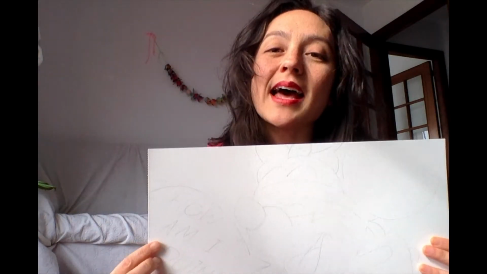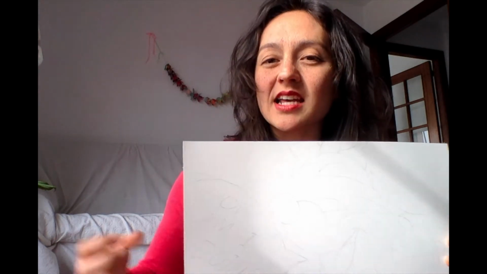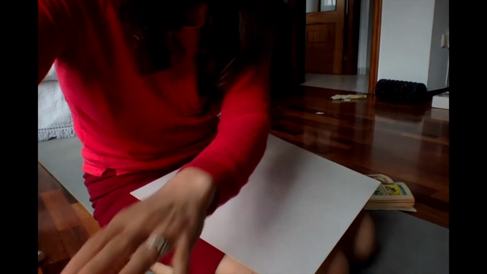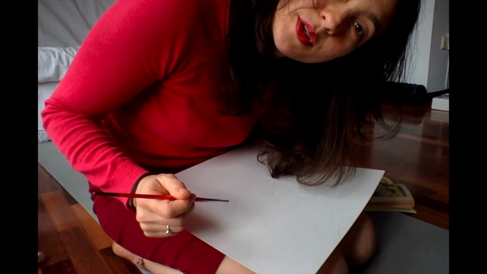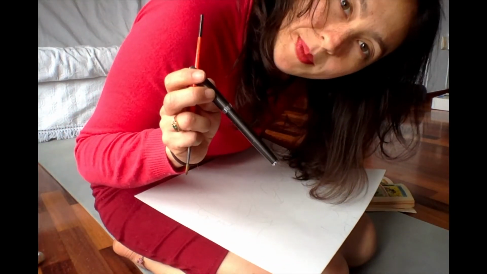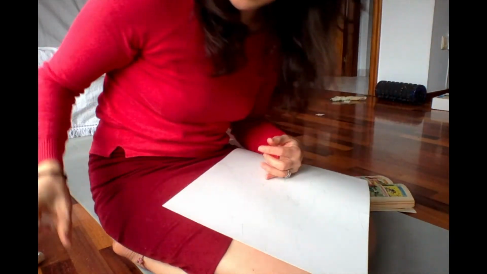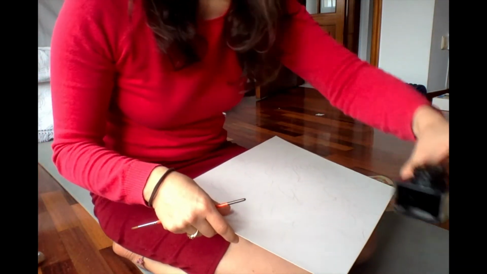Okay? Next I'm going to add the Lichtenstein strong, bold black lines. For this step, you can use a pen or paint. I'm going to use a brush and ink.